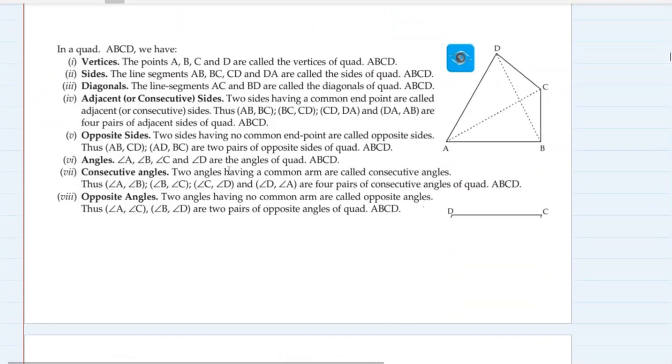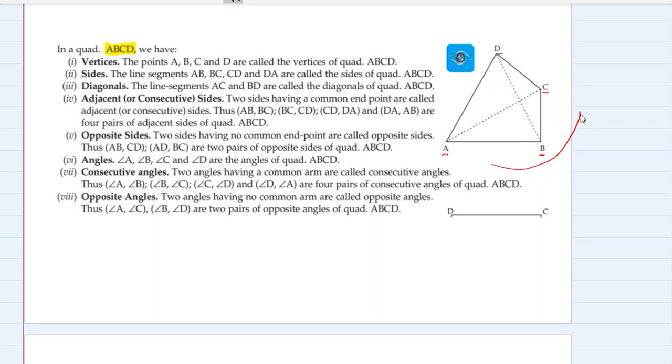Okay, so just look at the parts of quadrilateral. Here you see quadrilateral ABCD. How do we name it? We name it in a clockwise or anti-clockwise manner. So you either name it as A, B, C, D or A, D, C, B, like that.